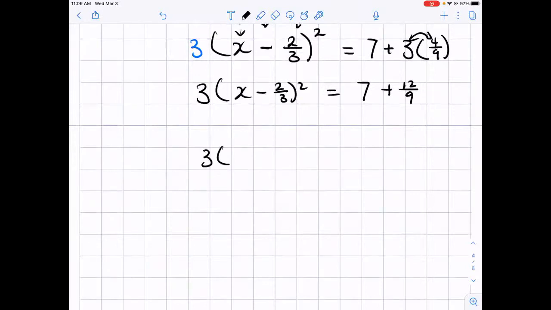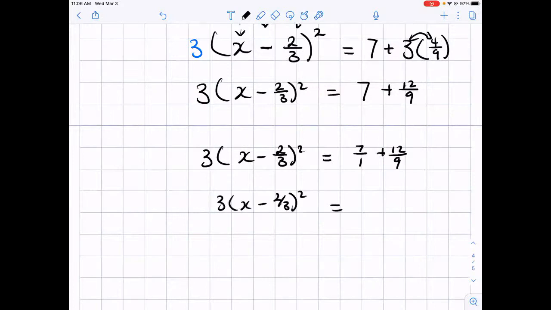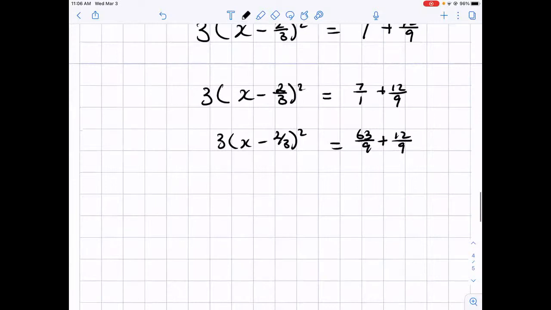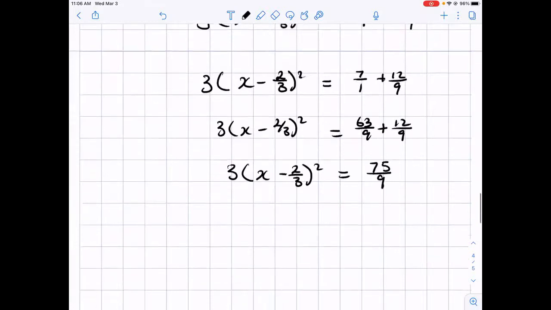We have 3 parentheses x minus 2/3 squared is equal to, now find the common denominator, which will be 9. So this becomes 63 over 9 plus 12 over 9, right? Common denominator. So we have 3 parentheses x minus 2/3 squared is equal to 75 over 9.